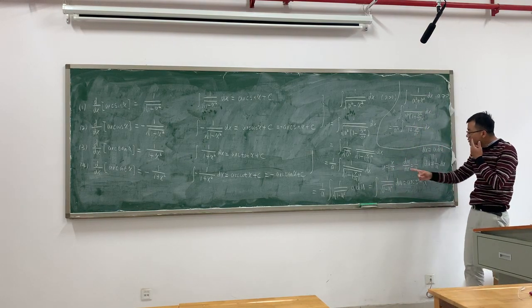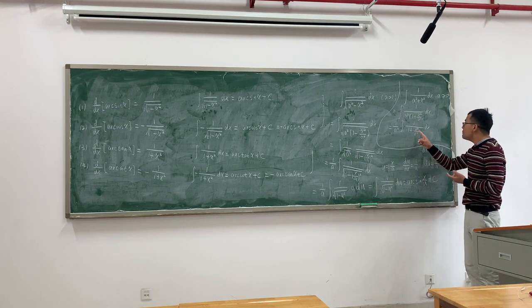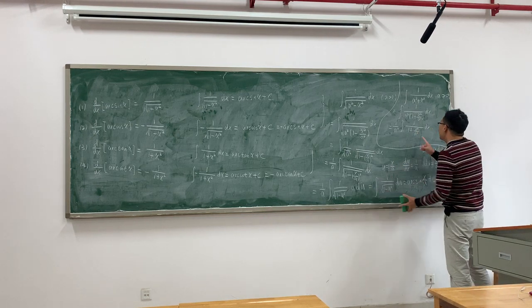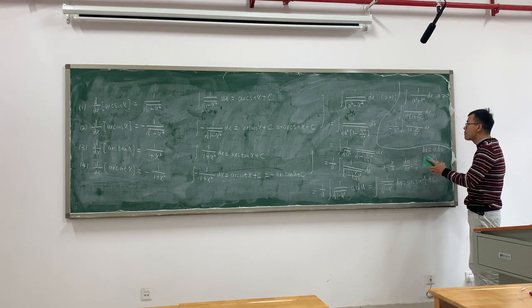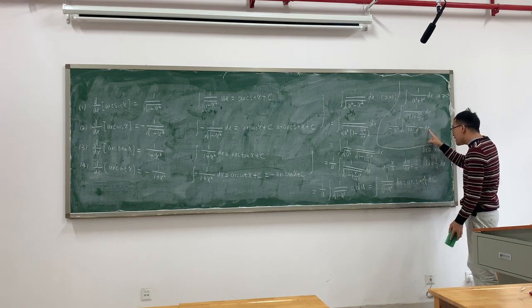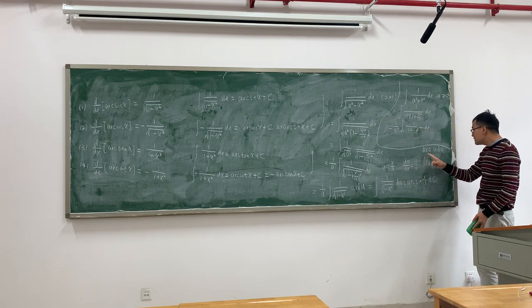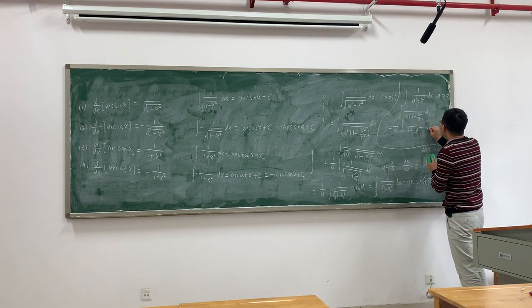So we let u equal to x by a. So here is 1 plus u squared, and dx equals a du. So here is a du.